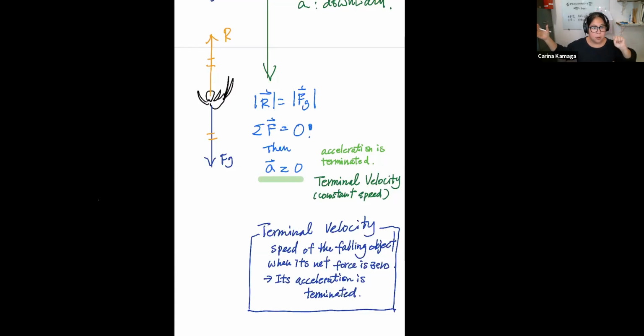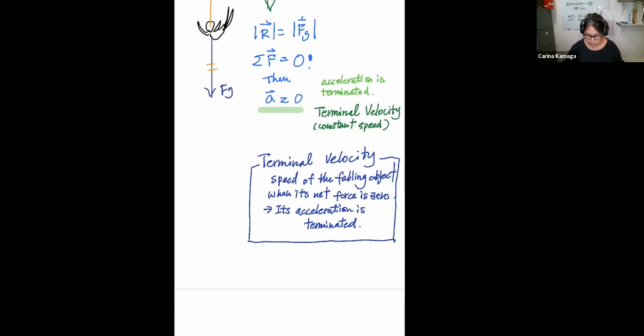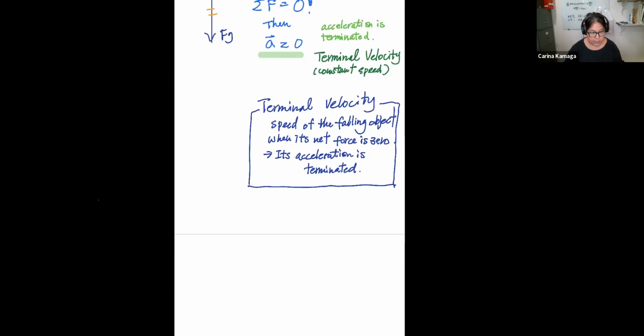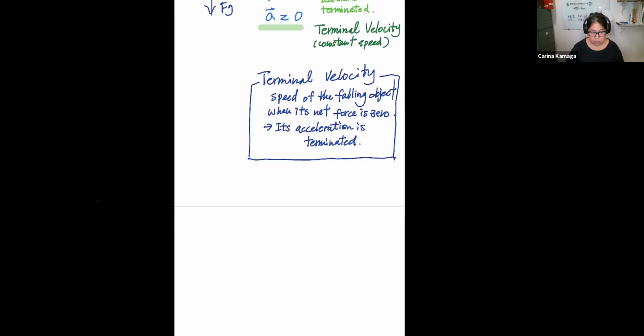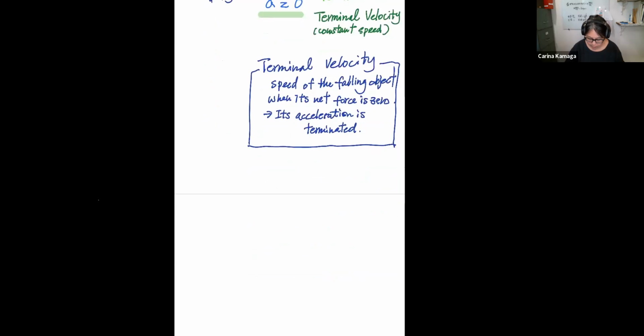So now you're going to have larger air resistance by opening up a parachute. So after you go down with the terminal speed, you want to open up a parachute because you don't want to hit the ground so fast. So then this person is going to finally open up a parachute.